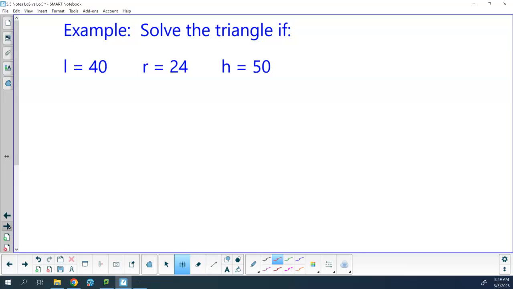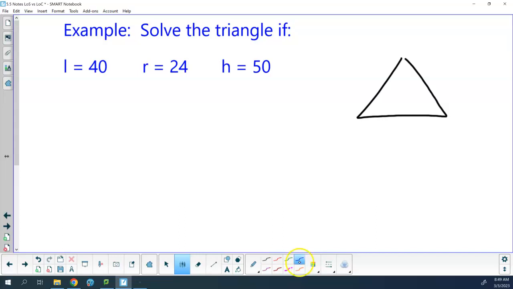If it were me, I would draw myself any old triangle. Does it have to be accurate? No. It just has to be a triangle. And then put stuff in there.